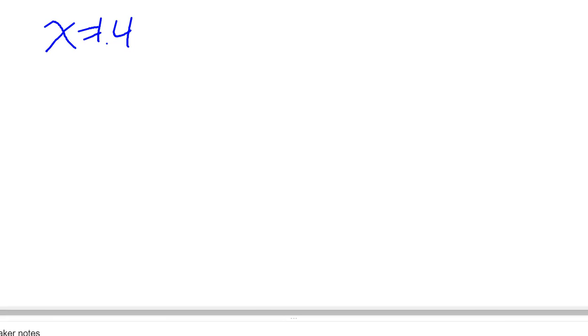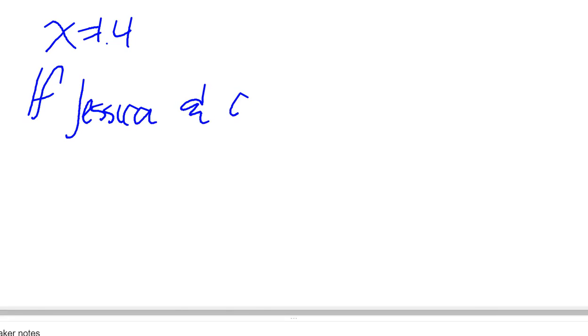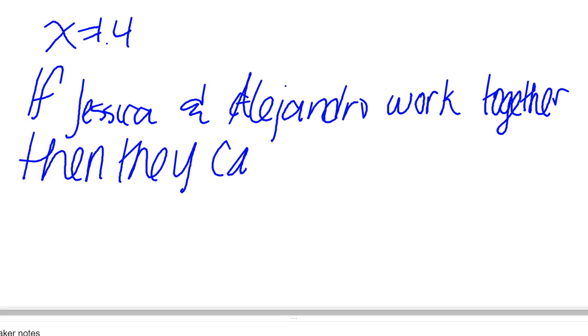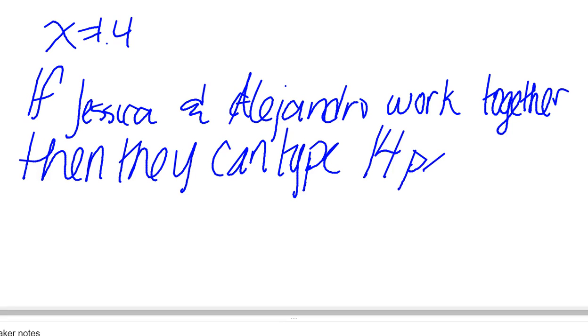That means that if Jessica and Alejandro work together, then they can type 14 pages in 1.4 hours. So not quite an hour and a half, 1.4 hours.